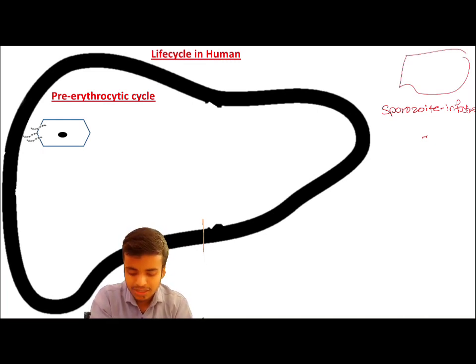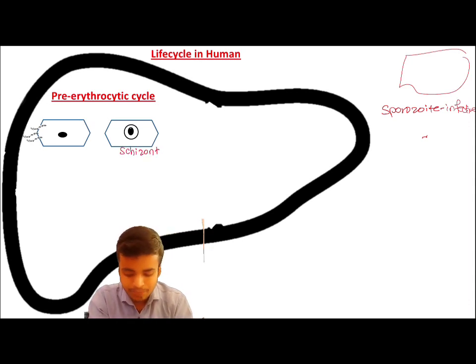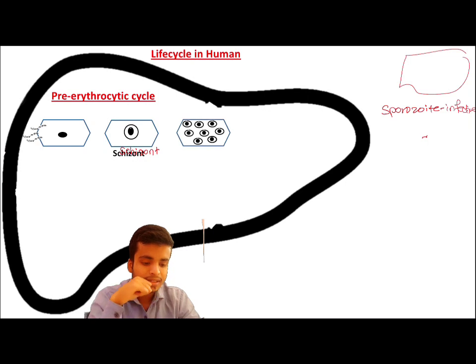So one sporozoite enters into the hepatocytes, which are hexagonal, with a nucleus. It enters as a sporozoite, but now it starts to increase in size and becomes somewhat round in shape. This is the schizont. It fed upon the nutrients in the hepatocyte and increased in size, and becomes round. Now it is called a schizont.